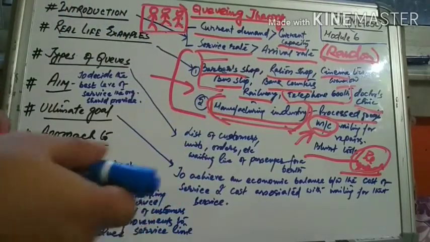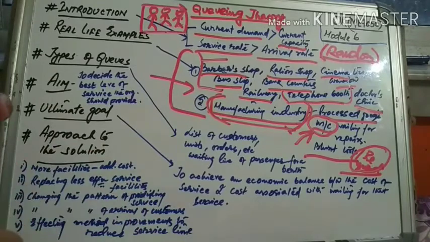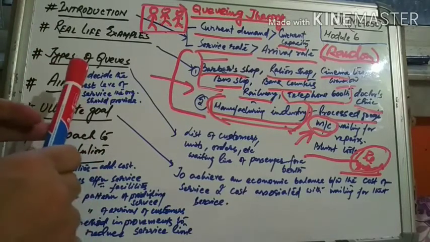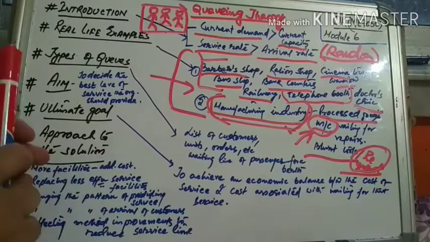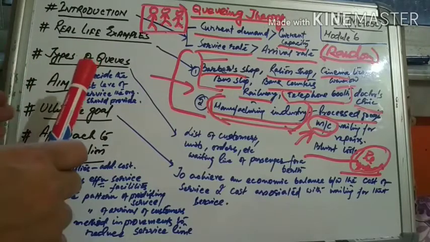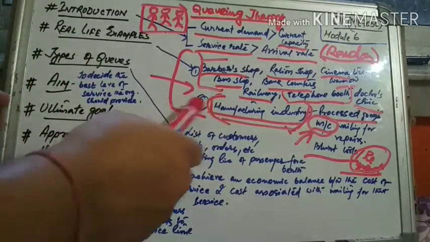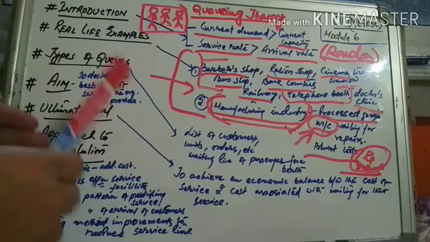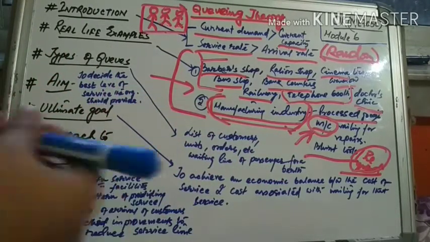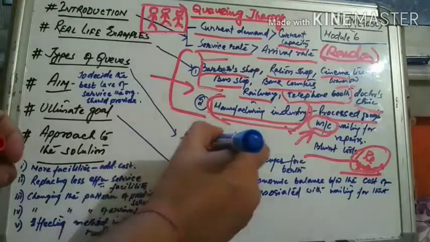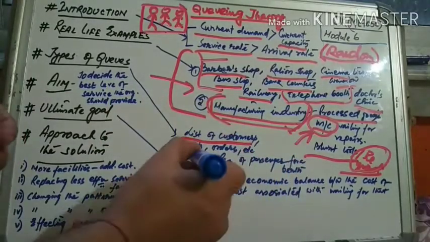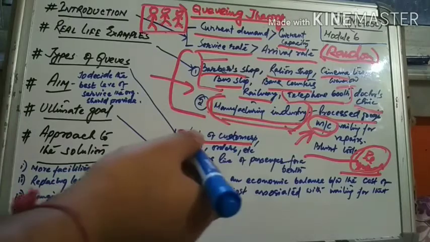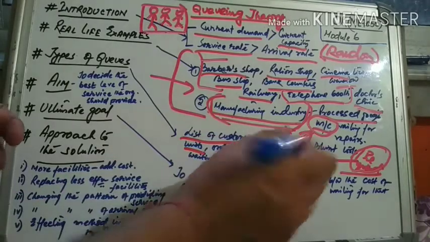Now, types of queues. Queues may not be a physical line of customers, as I already said. It can be a machine or any object. It may merely be a list of customers, or units, or orders, and so on.